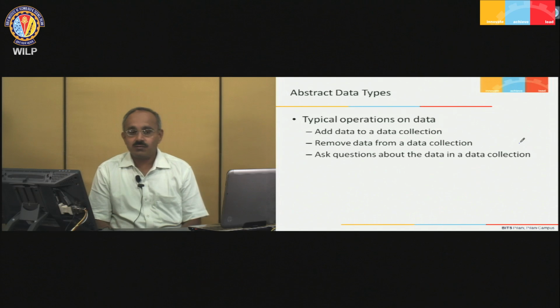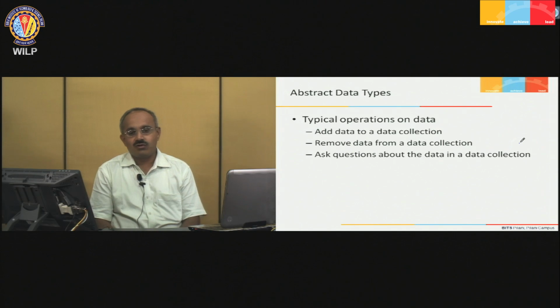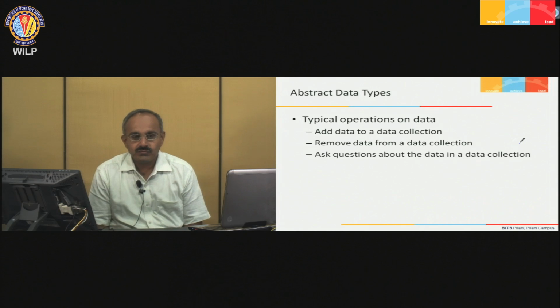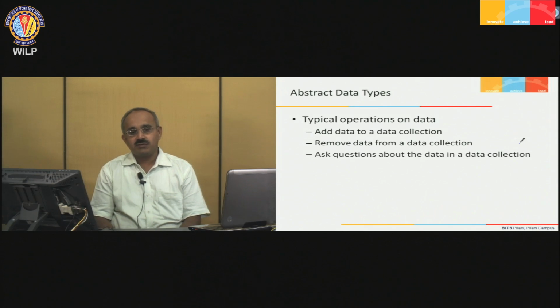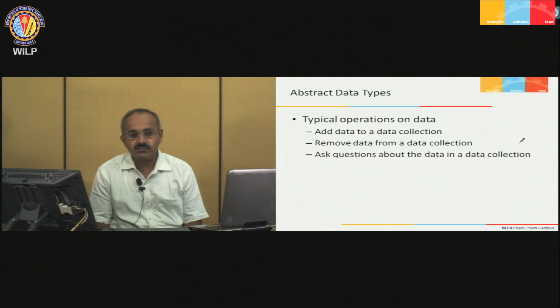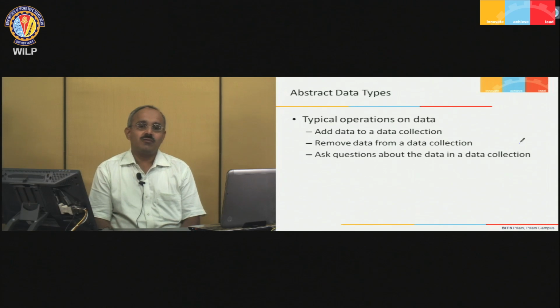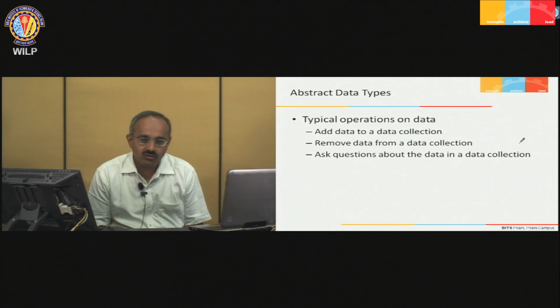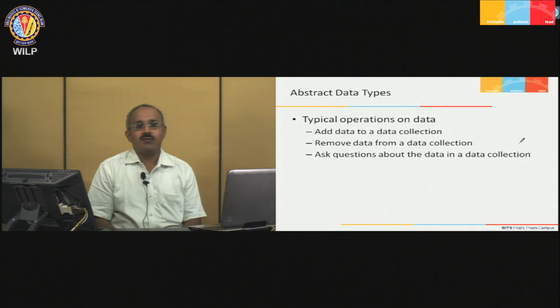Similarly, if somebody passes out from a university or a college, his data needs to be deleted from the records. So the two most common operations that we do with data are addition to the data and deletion from a data set. Also, many times we like to inquire about the data set.